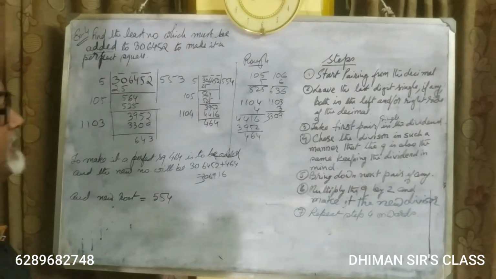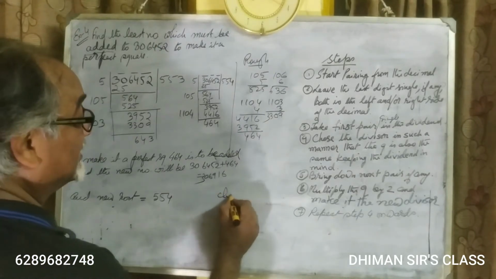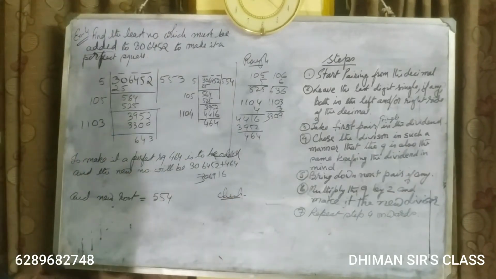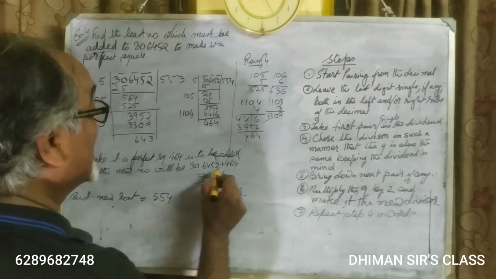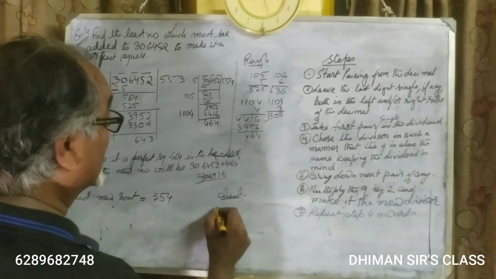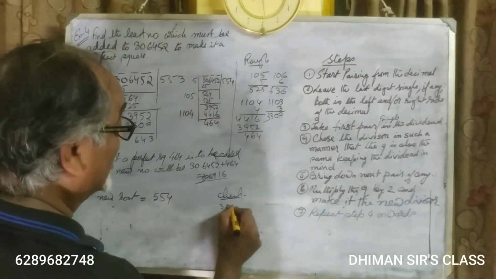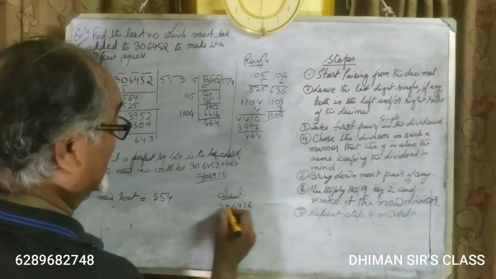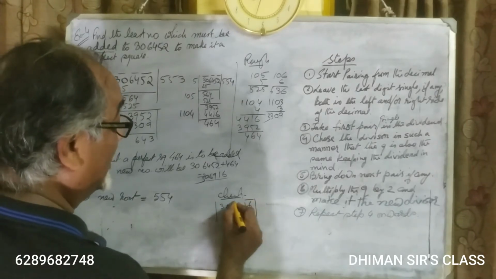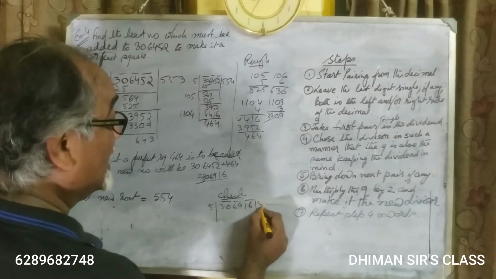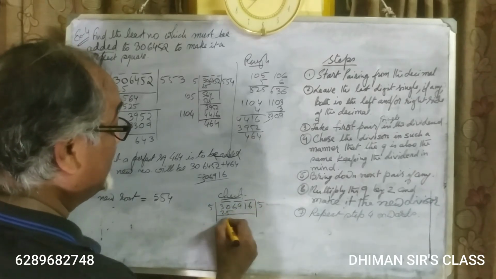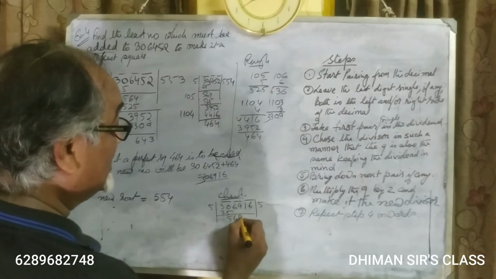554. Let us check up. So now check. See, what is the number now? 306916. Let's pair. 5, 5s are 25, 5, 69.